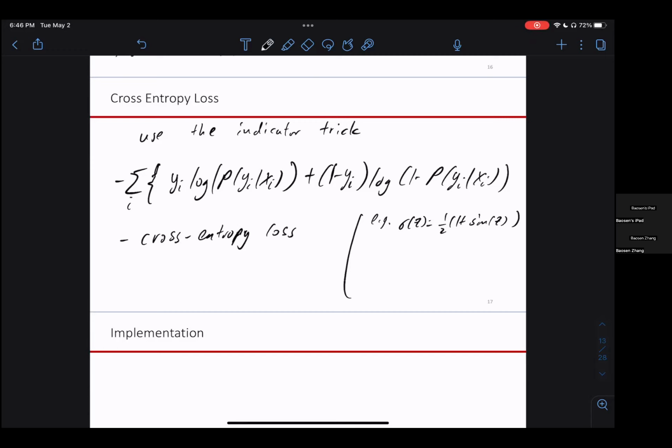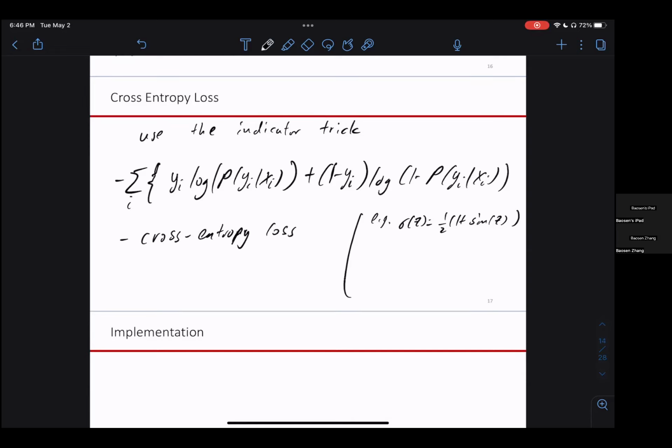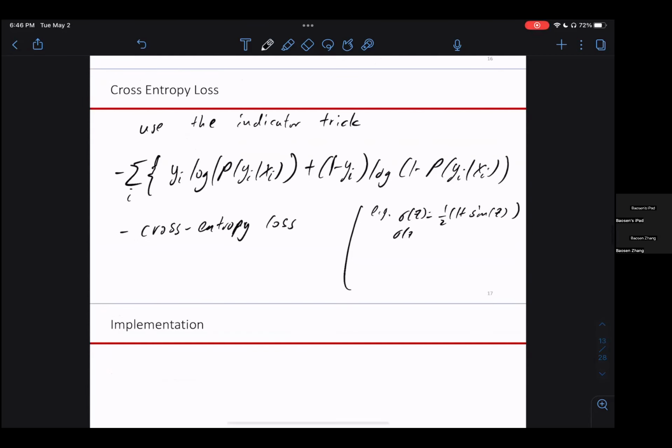This is another function that takes a value and spits out something between 0 and 1. It's not a very good function to use, though there are other functions you can use that are not terrible. There's an even worse function you can use, which is: 1 if z is greater than 1, 0 if z is less than 0, and z otherwise.